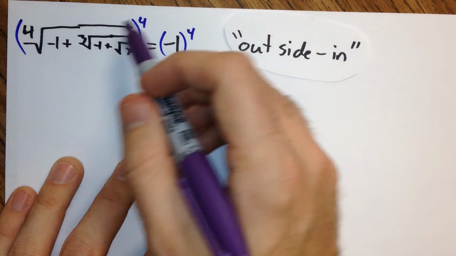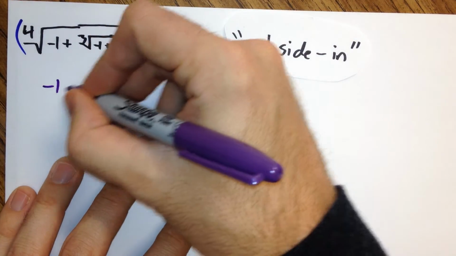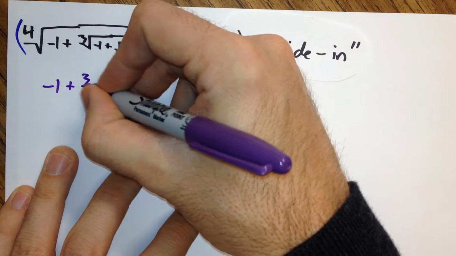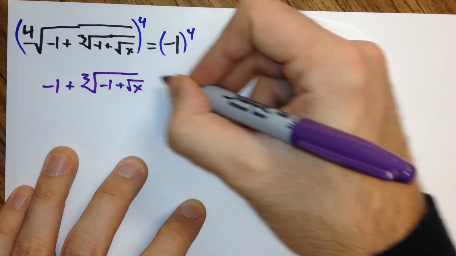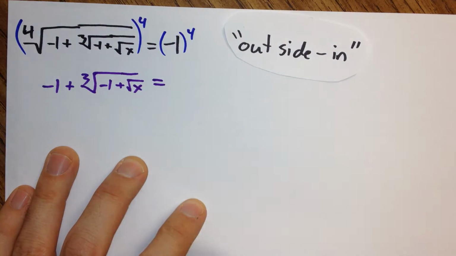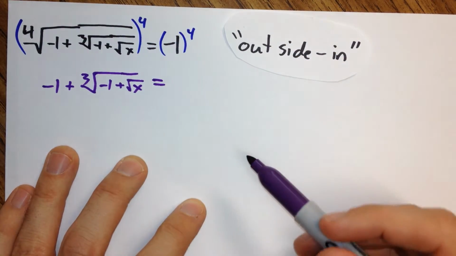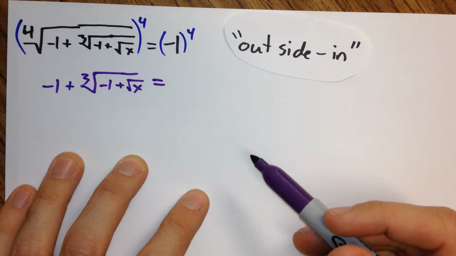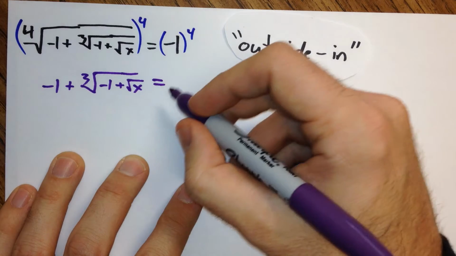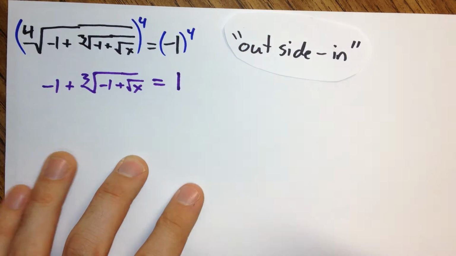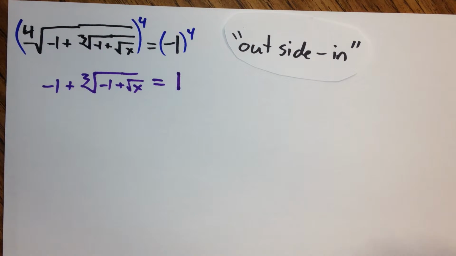And so these two undo each other, and all that's left is a -1 plus the cubed root of -1 plus the square root of x. And then on the right side over here, we've got -1 to the fourth power. 4 is an even number, so since we have 4 negative signs, they end up being a positive sign, and we get just a +1 over here.